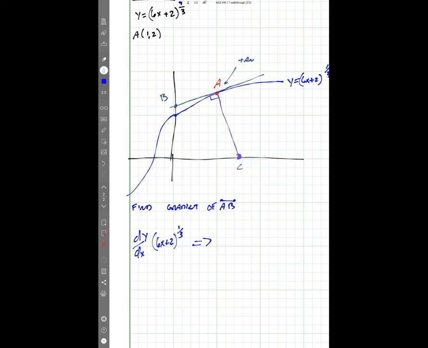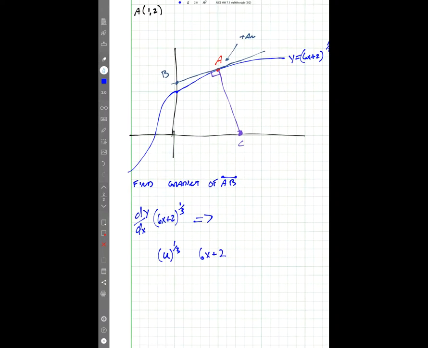So the outside is that, and the inside is that. So derivative of the outside is 1/3 and derivative of the inside is 6.